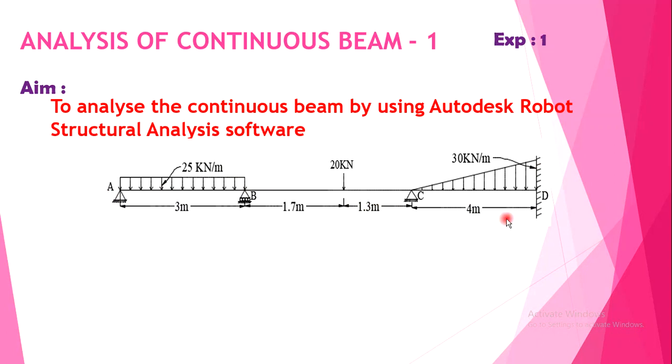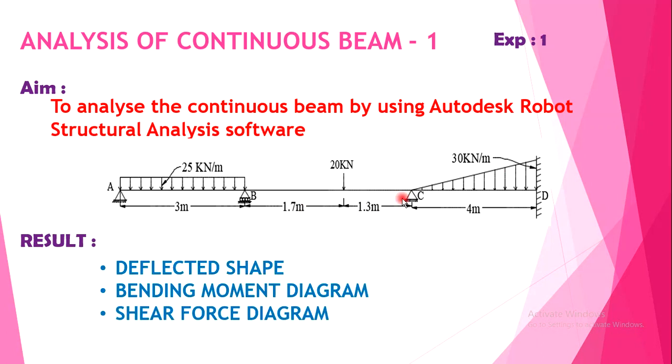Here we have the continuous beam with hinge support, roller, hinge support, and fixed support, subjected to a uniformly distributed load of 25 kN per meter, a point load of 20 kN, and a uniformly varying load of 30 kN per meter. After modeling this, we can analyze it, and the results we get are the deflected shape of the beam, bending moment diagram, and also shear force diagram.